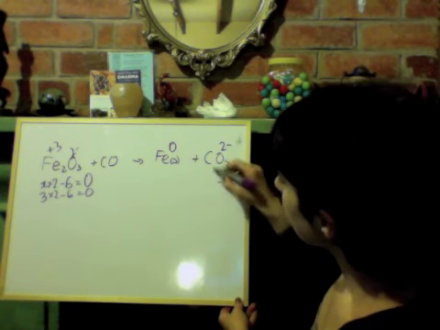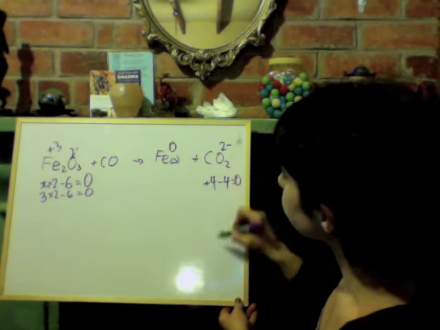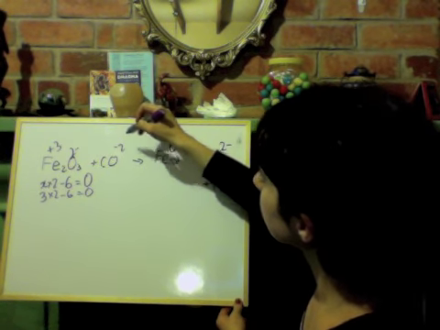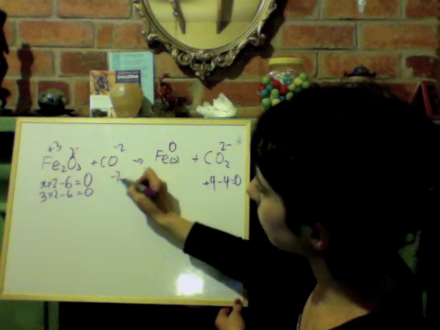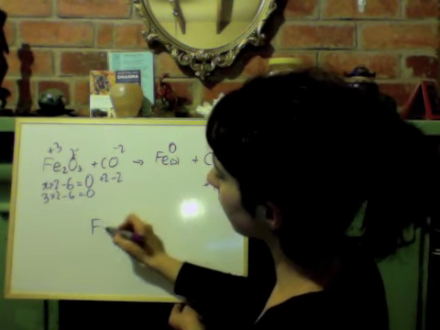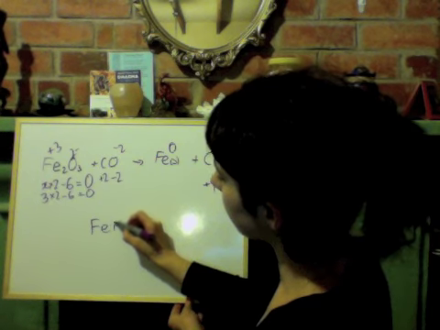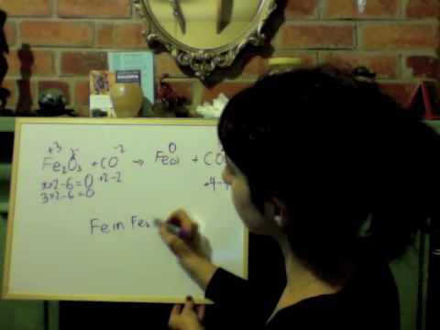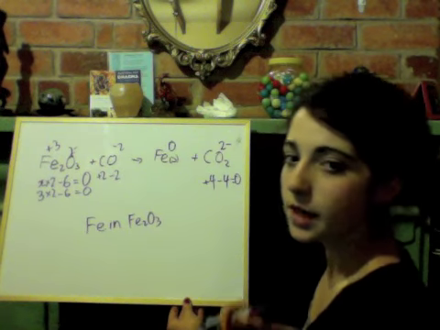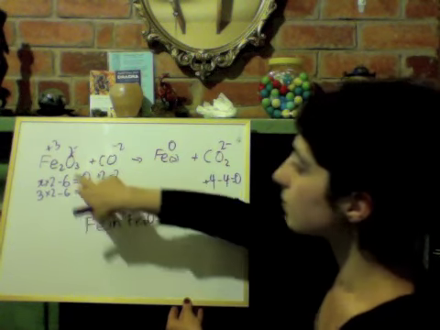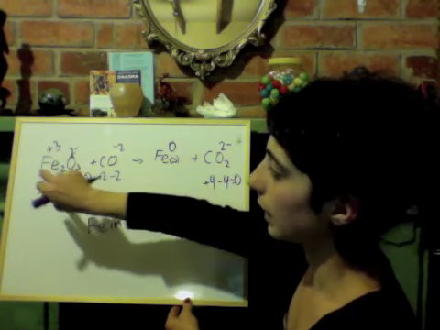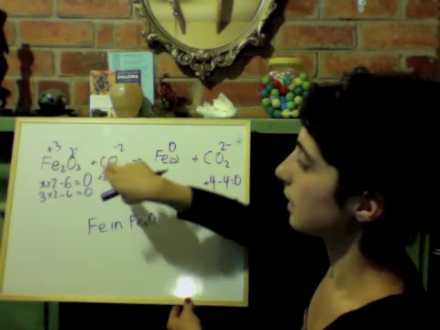And carbon is positive 4. Oxygen, negative 2. So negative 2 here and plus 2. We can see that Fe in Fe2O3, you need to be specific like this in the exam, because sometimes, well, probably not for this one, but sometimes the elements exist in many different formulas.